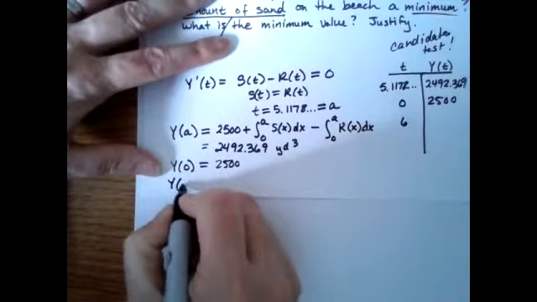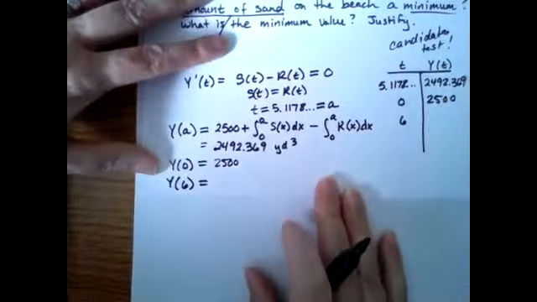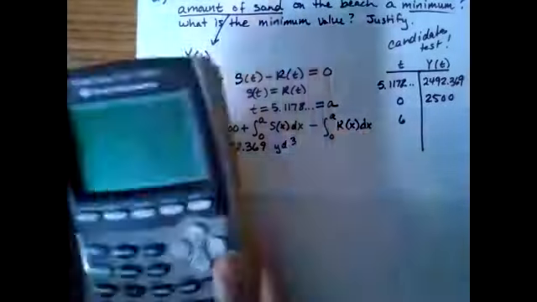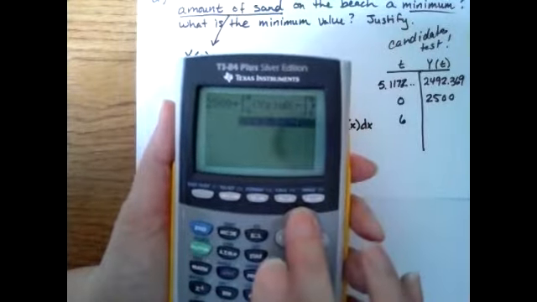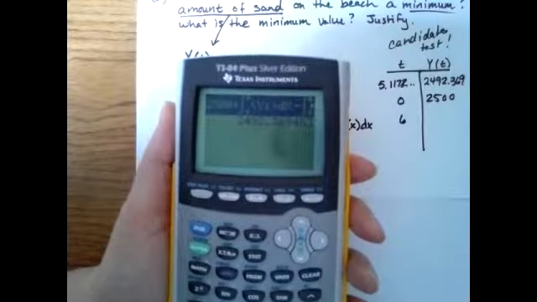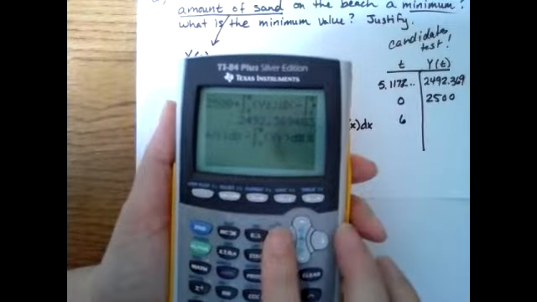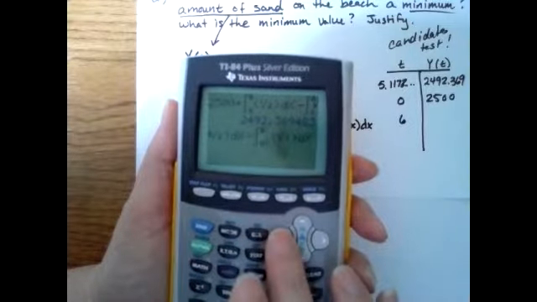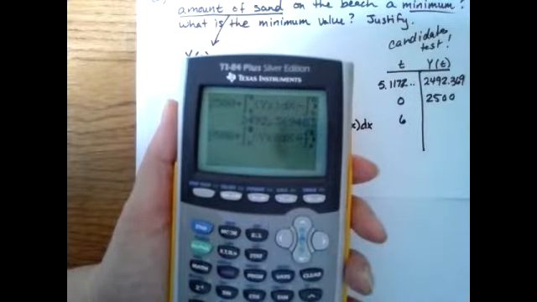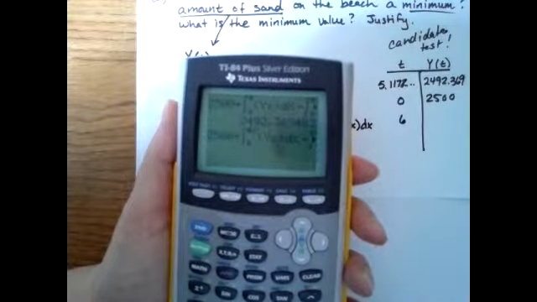We do need to figure out Y at 6. How much sand is on the beach at time 6? Okay, so for that calculation, I am going to just do this in my calculator again. I'm just going to go and do an edit of the first one I did. Let me arrow up and hit enter so I can edit this line. All I need to do really is just change the A to the times 6. And I need to do that in both places on my integral.